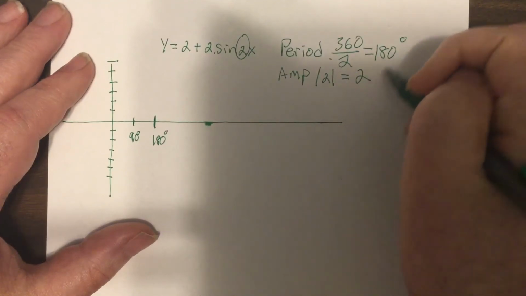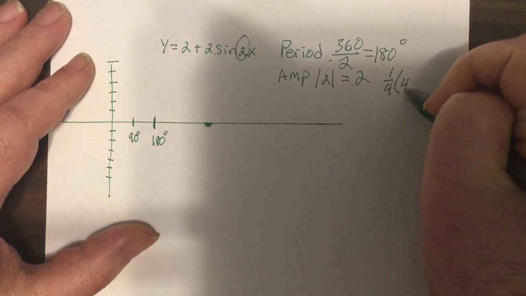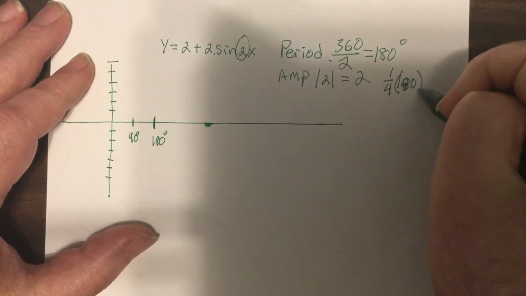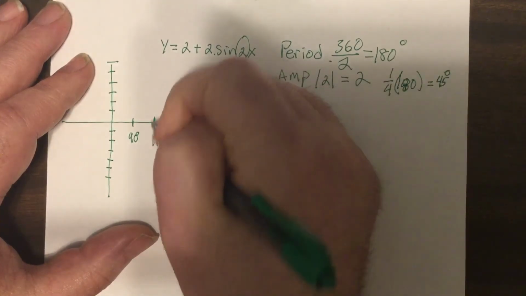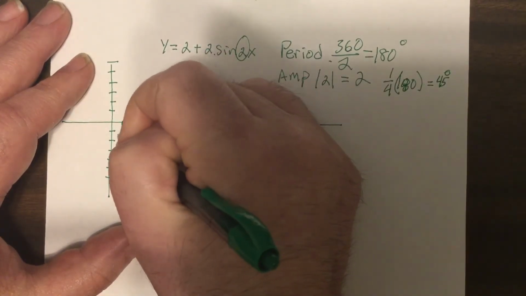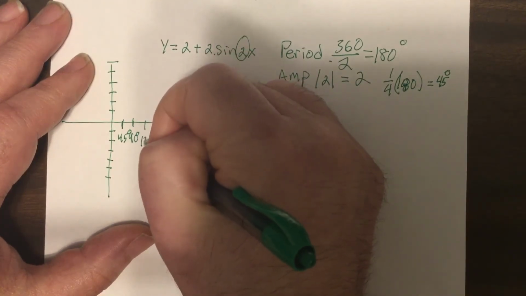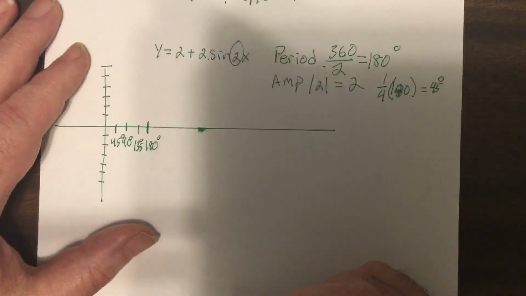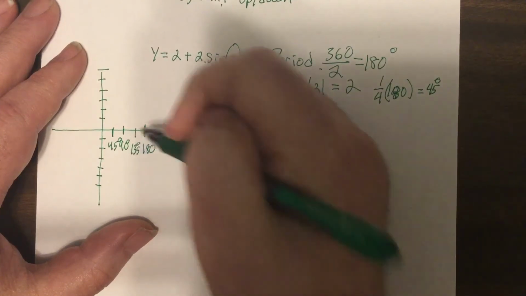So you could multiply this by a 4th to find out your divisions of your important points. So it'd be 45, 135, 180.